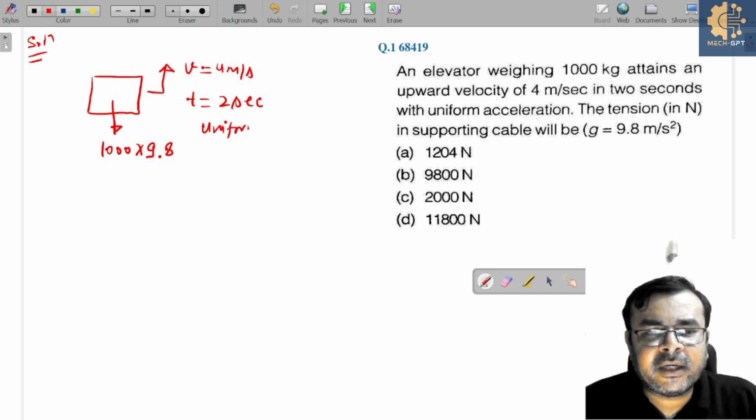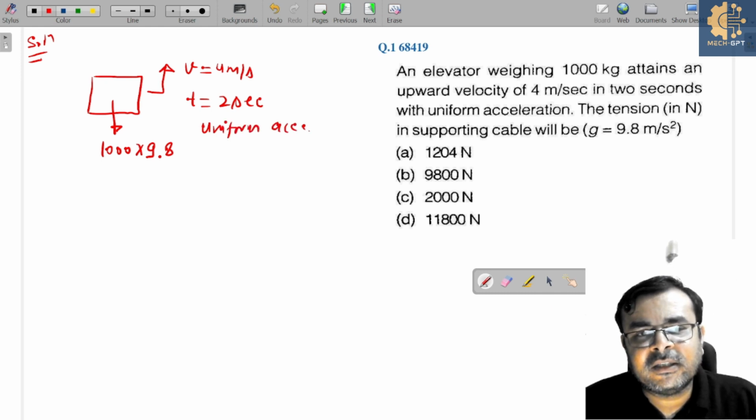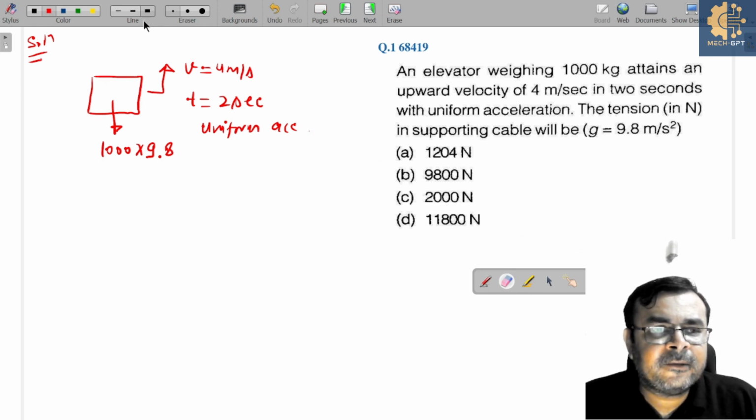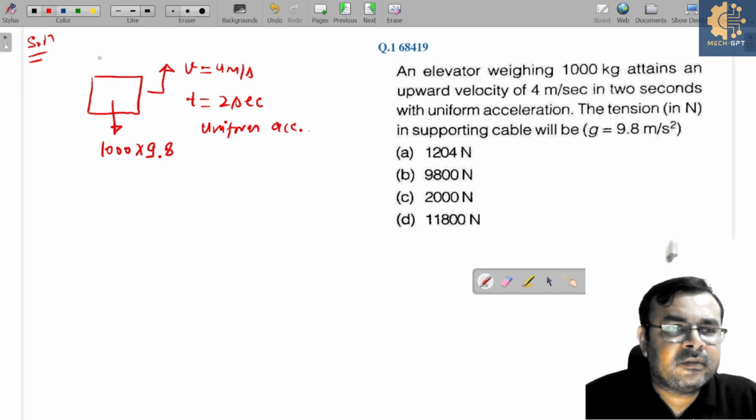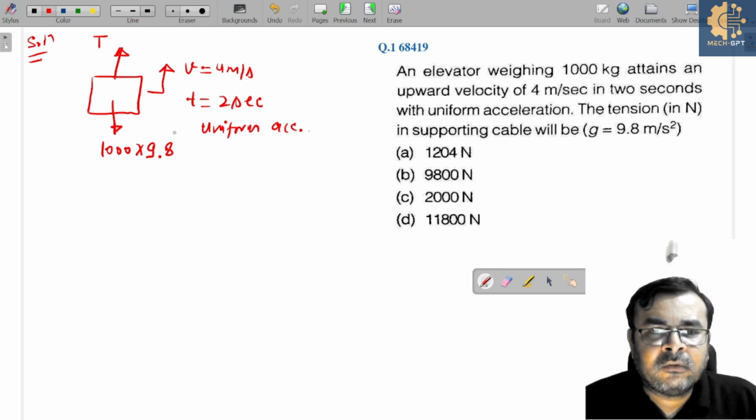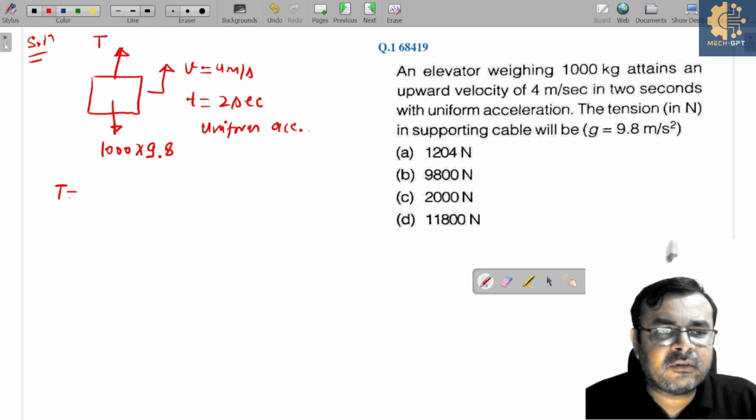This is very important information, uniform acceleration, because when we have uniform acceleration, then we can apply the law of motion, correct? The tension in the supporting cable, let's say this is a cable in which we have tension T, so you need to calculate actually T.